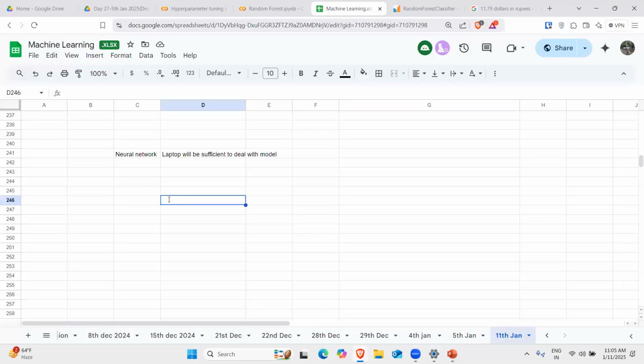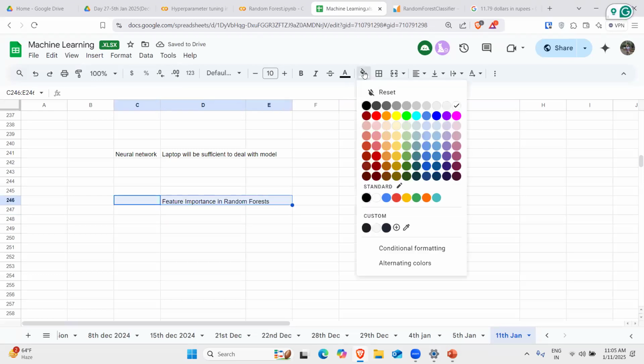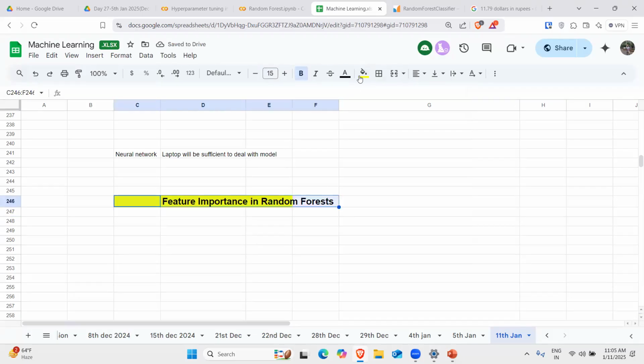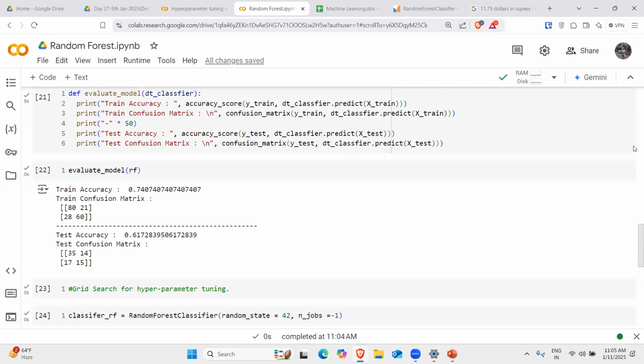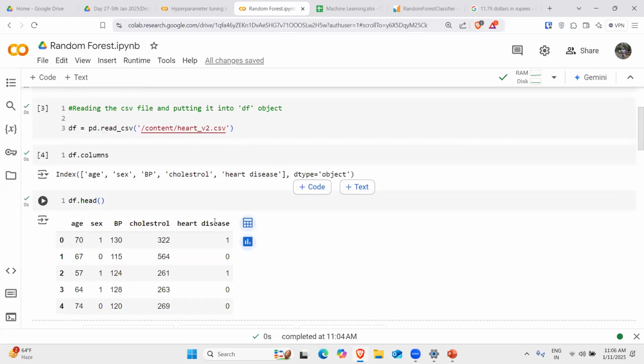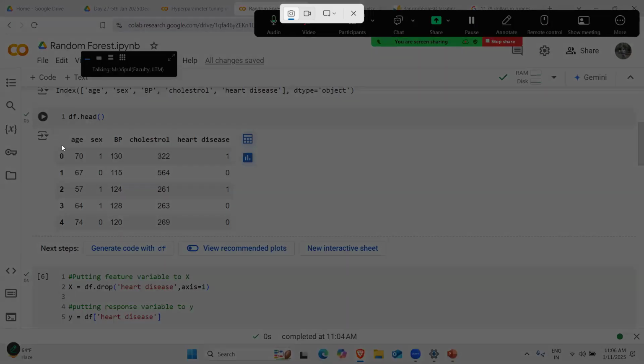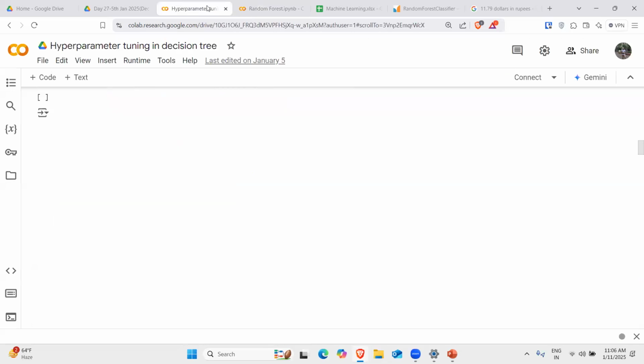Let us discuss this. Let's take the same problem statement on which we were working, right? You have age, sex, blood pressure, cholesterol, and heart disease as columns in your data.